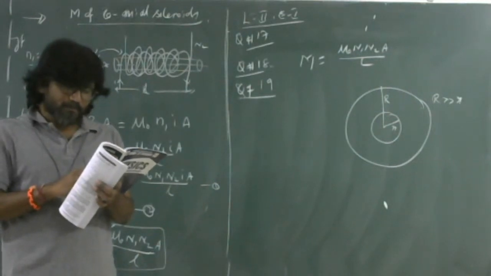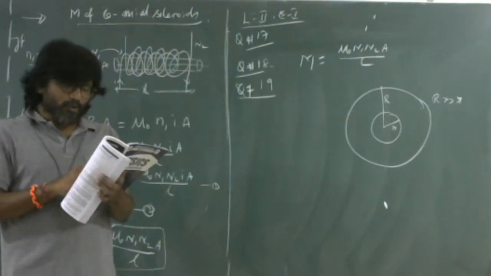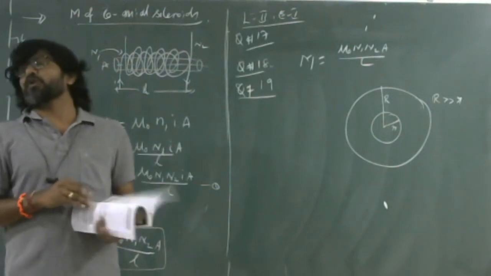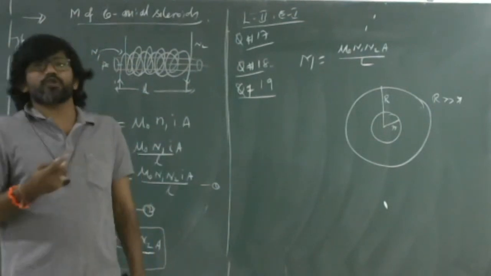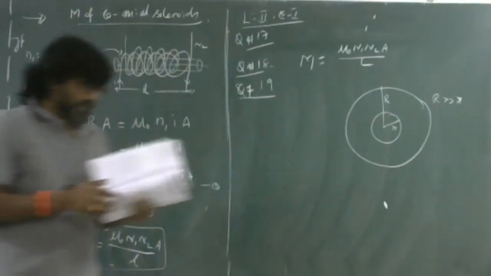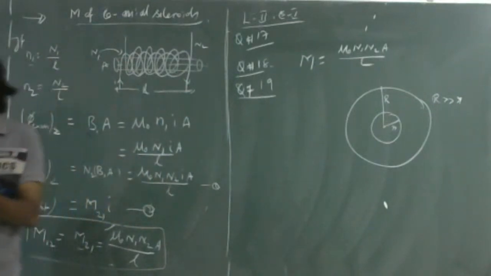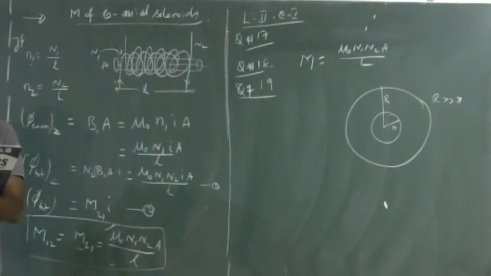Then the mutual inductance between the coils is proportional to what? A small coil of radius r is placed at the center of a large coil of radius R, where capital R is much greater than r. The two coils are coplanar.